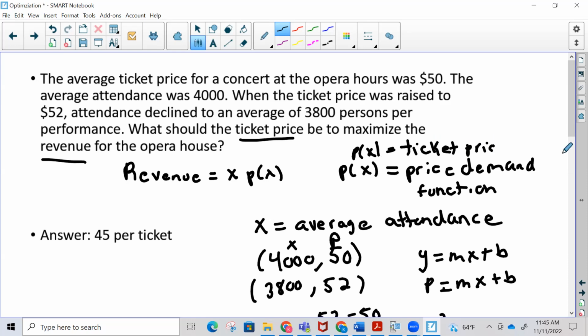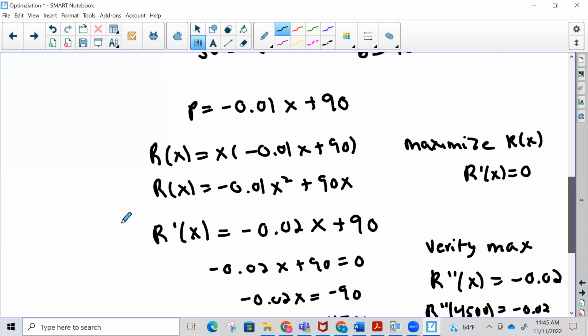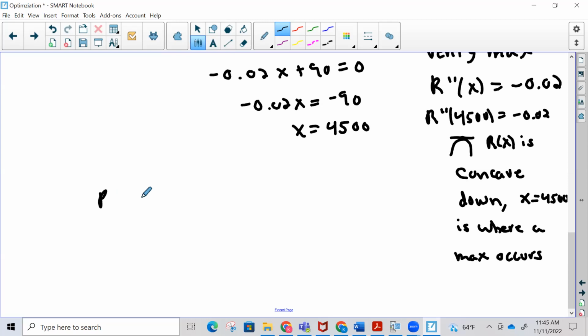So to find that, we are going to take our X value, the 4,500, and plug it into our P of X equation that we found, this -0.01x plus 90. We're going to find that price at the attendance of 4,500.